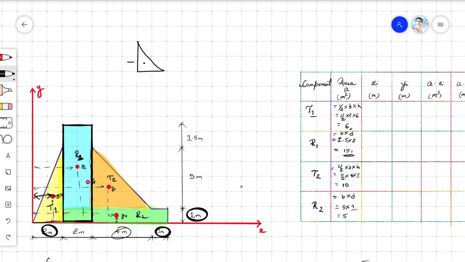If this is the total length, we take it as h. This will be h by 3, and this whole part will be 2h by 3. The reason is simple: 2h by 3 plus h by 3 is 3.